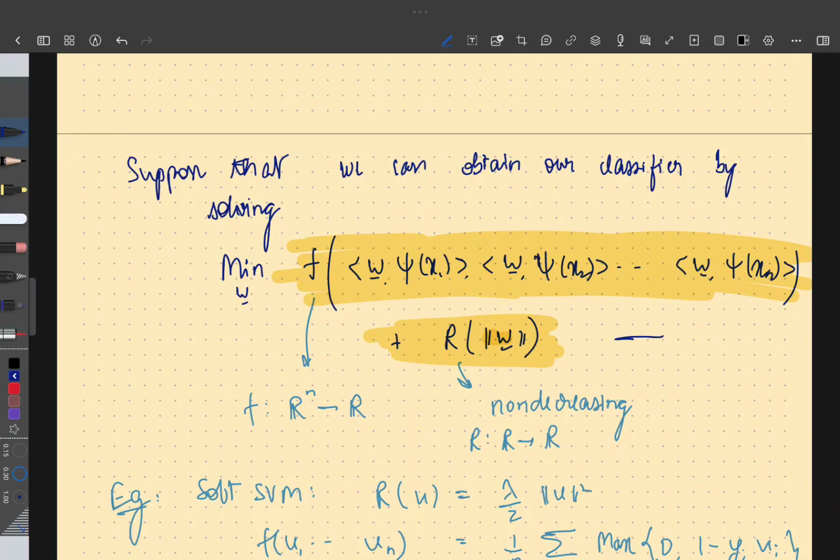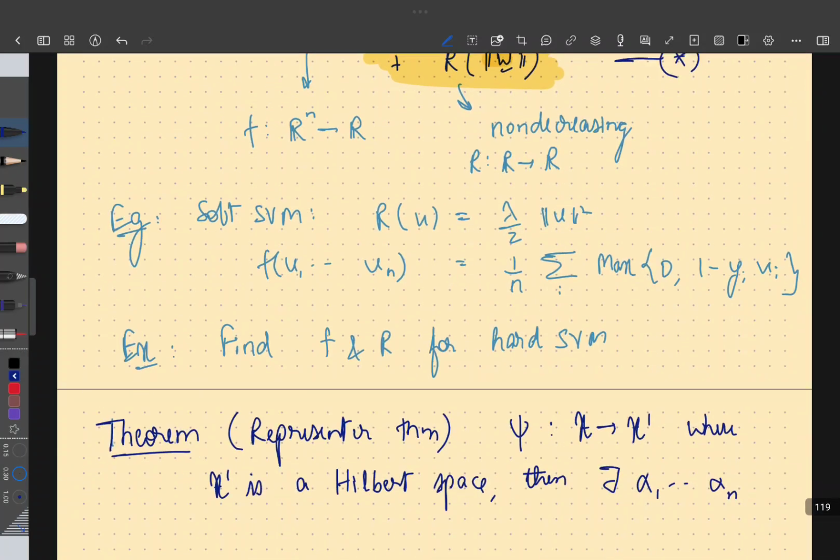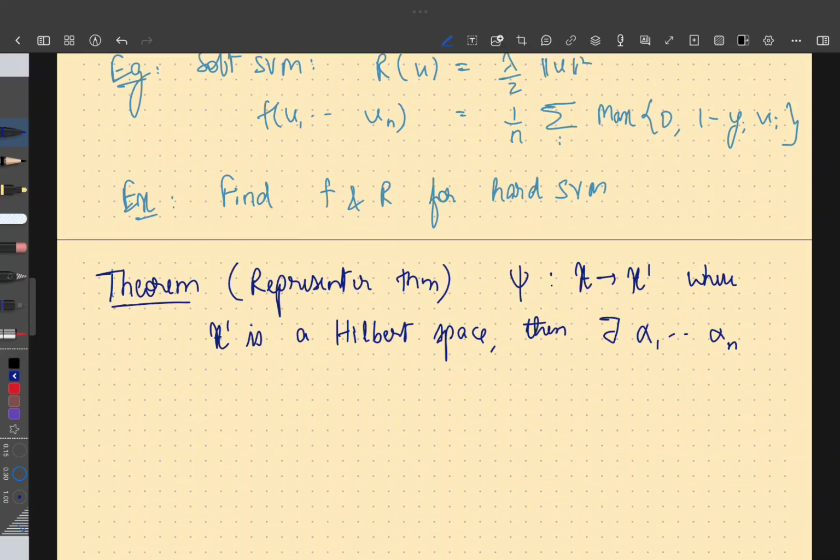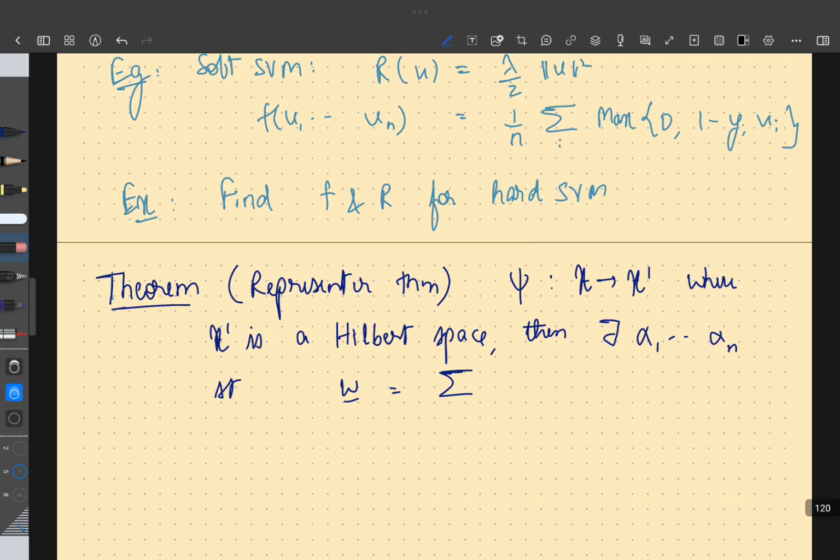Let me call this optimization problem star, such that W star equals the sum over i from 1 to n of alpha i psi of xi is a solution.